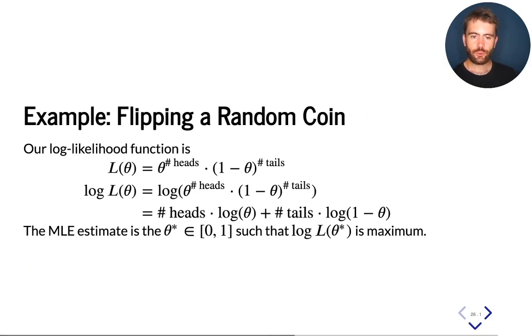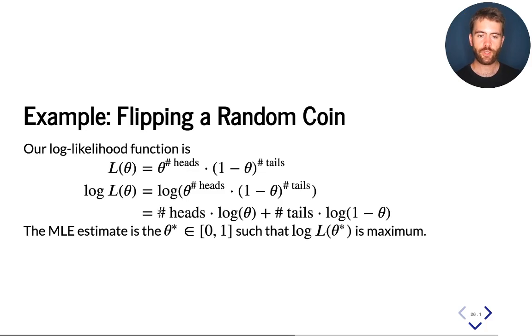Now, we can also compute this distribution analytically. If we have an arbitrary number of heads and tails, then the probability of this data is going to be simply theta to the power of the number of heads times 1 minus theta to the power of the number of tails.